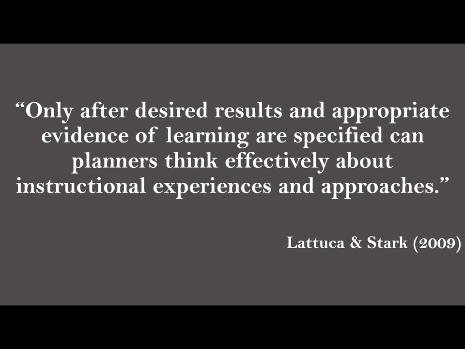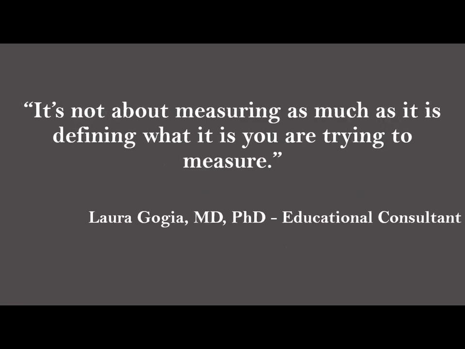So you want specific versus Jim Bob. And you want to know where you're going so you can have an idea of how you want to try to get there. And then it's not about measuring as much as it is defining what you're trying to measure.